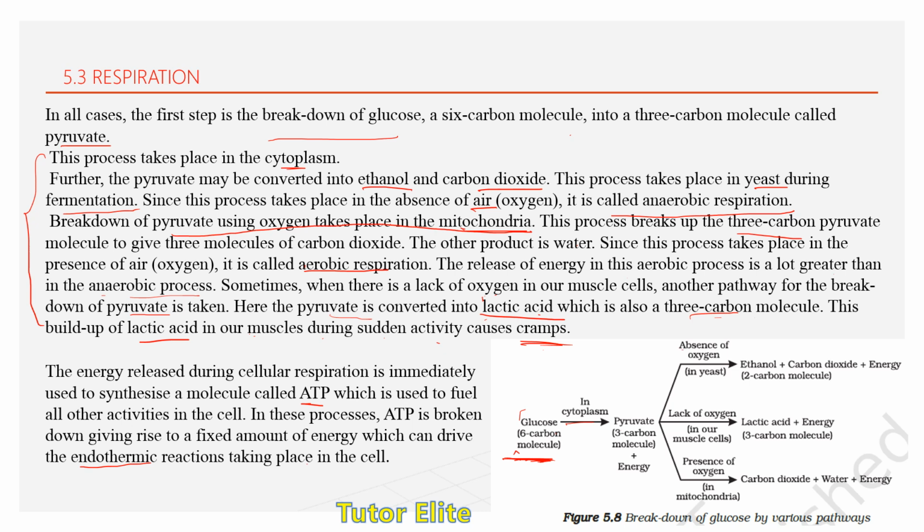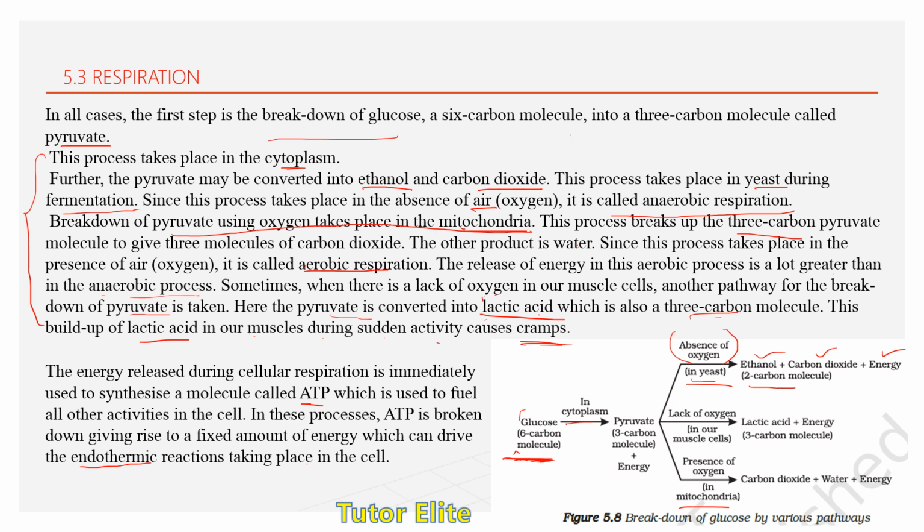In the absence of oxygen, as in yeast, it is anaerobic respiration, and in the presence of oxygen, in mitochondria, it is aerobic respiration. In the absence of oxygen, we get ethanol, carbon dioxide plus energy. Ethanol is a 2 carbon molecule. See, from 6 to 3, 3 to 2, in the absence of air. That is taking place in the yeast.